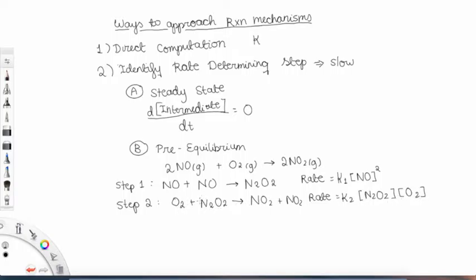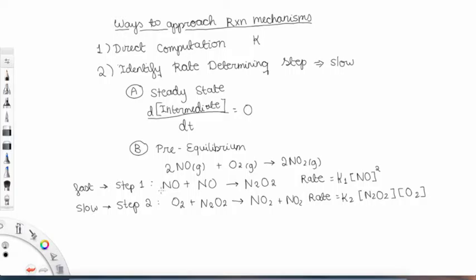Since I said that this was the slow step and this was the fast step, we know that this is going to be the rate determining step, right? If the early step is fast and the later step is slow, then there's a bottleneck, and a buildup of an intermediate results in the first step being approximately at equilibrium.